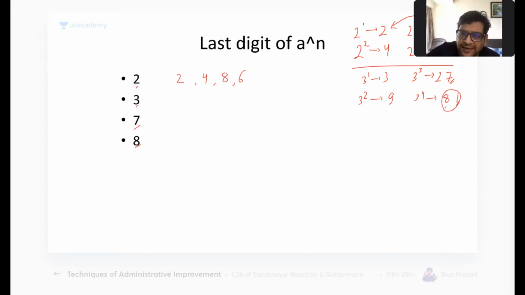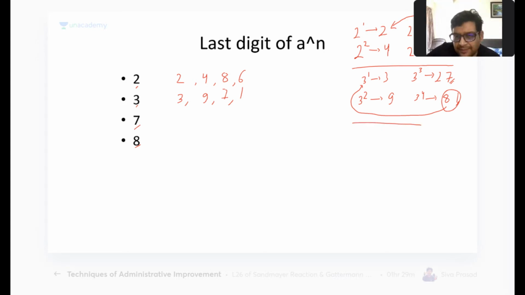So once again, after 81, you will go back to 3. So the cycle of numbers which powers of 3 can end in is 3, 9, 7, and 1.